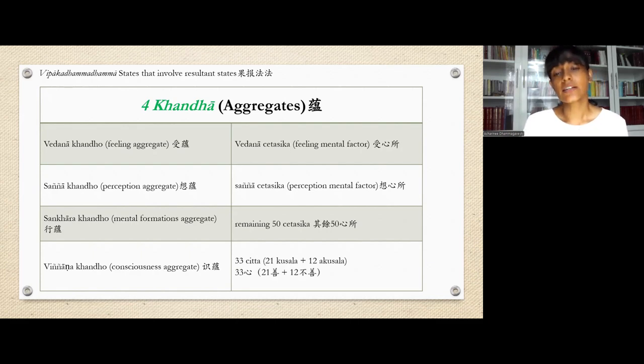Saññā cetasika is classified under Saññā khandha. We get a total of 52 cetasika, and when we deduct Vedana and Saññā cetasika, you get 50 remaining cetasika. These are the Sankhāra khandha. The Viññāṇa khandha are the 33 citta, that is the 21 kusala and the 12 akusala.